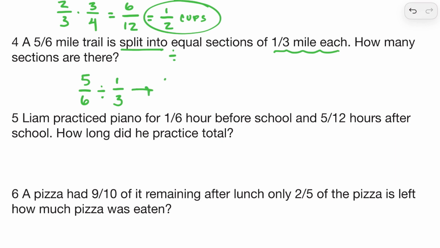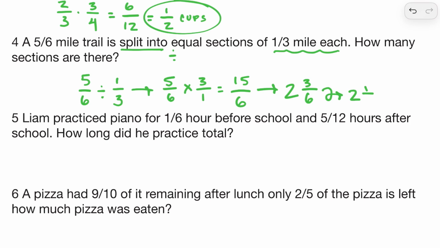We're going to switch this to 5/6 times 3/1. This gives us 15/6, making it a proper fraction, 6 goes into 15 2 times with 3 remainder, or answer 2 1/2 sections.